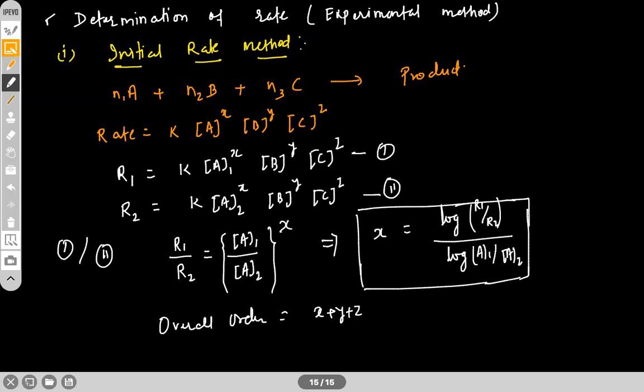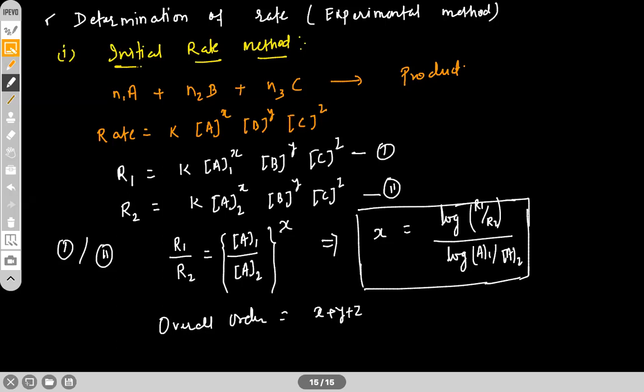Understood? This we call the initial rate method. We'll find out the initial rate with respect to each reactant, and we'll add the order with respect to each reactant species and get the answer.